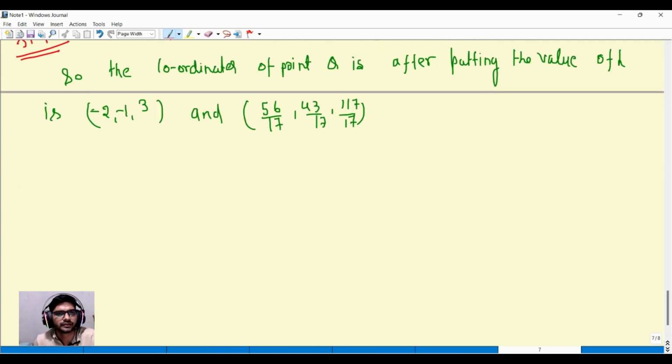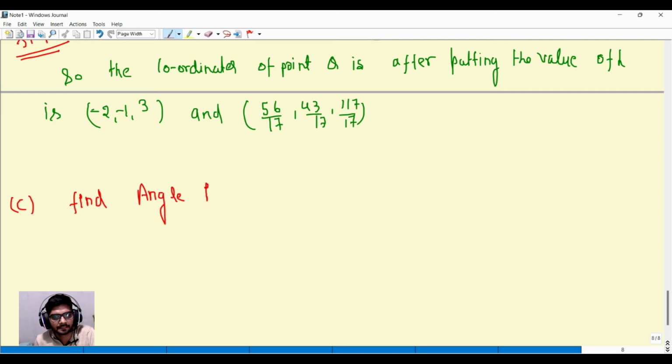Now we will move to the third topic, and that is C, finding the angle between the lines. I thought all of you are aware of the dot product of two vectors.